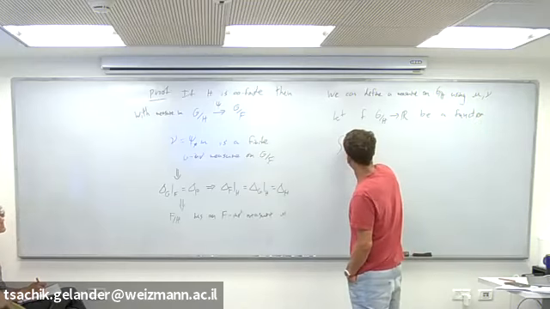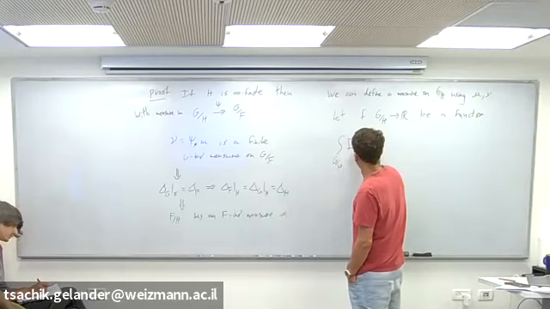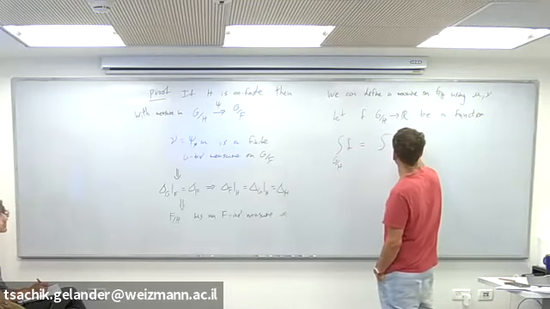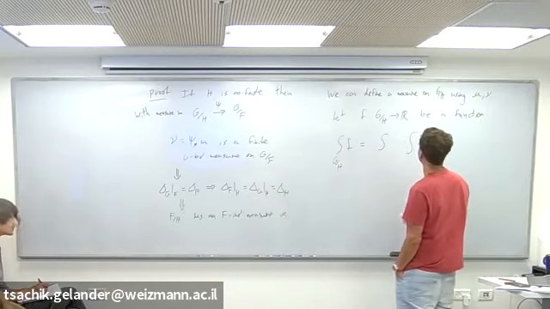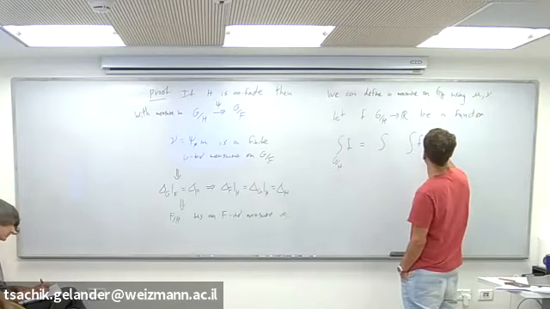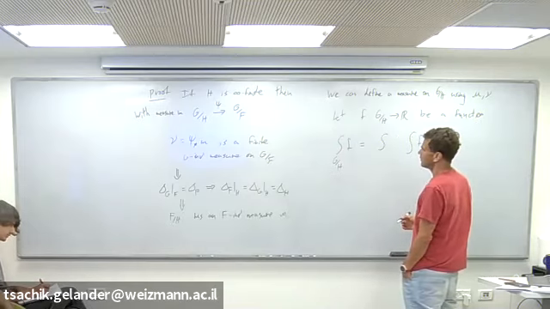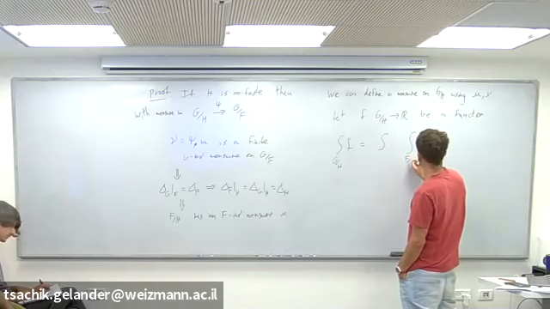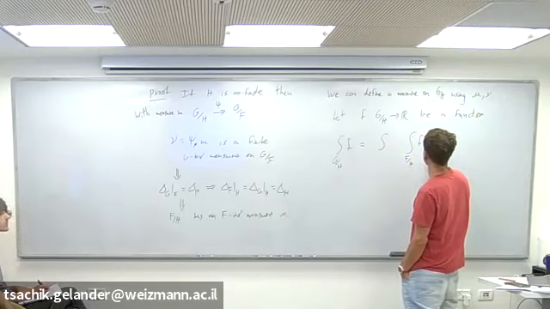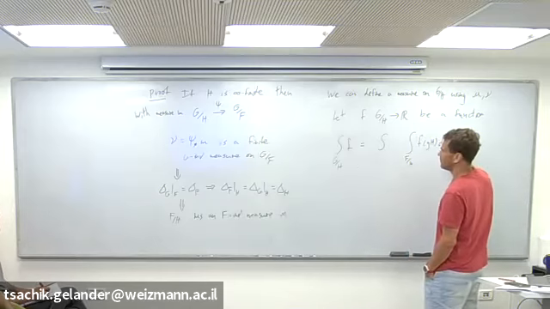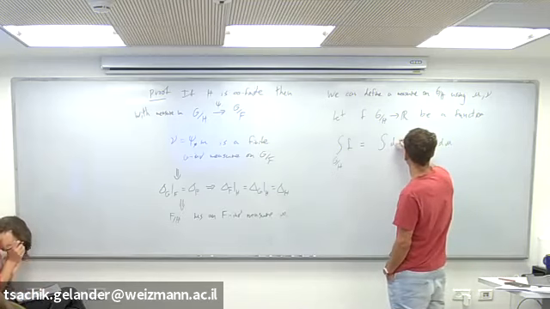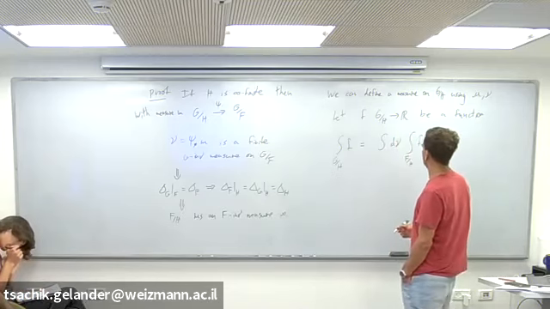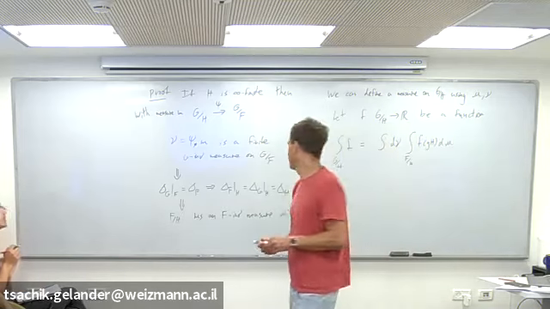So the integral of f over G mod H, I define it to be the first integral over F mod H d mu, and then I integrate this d nu, and that defines a measure on G mod H.